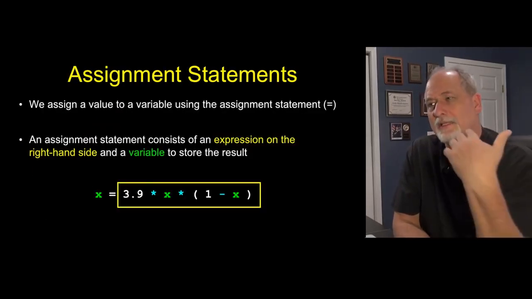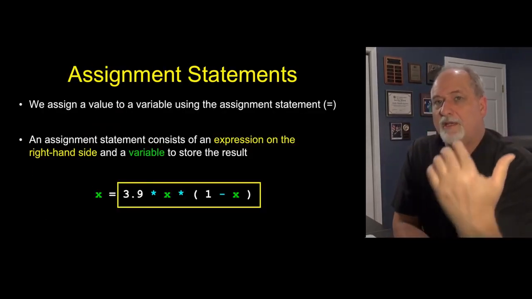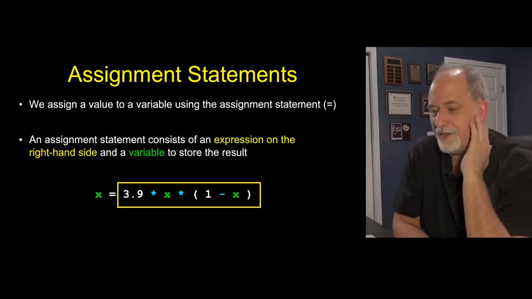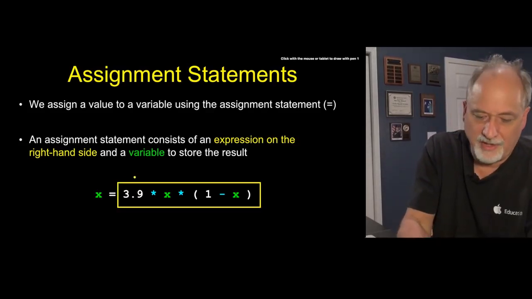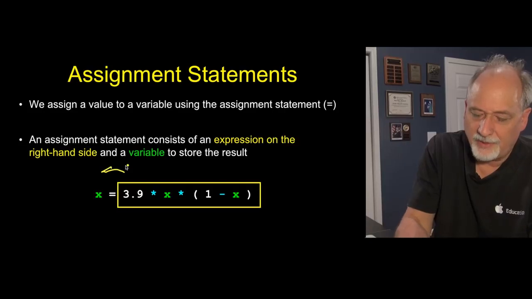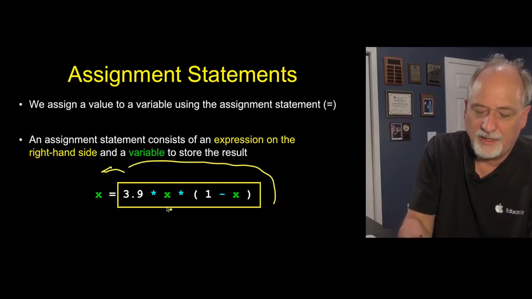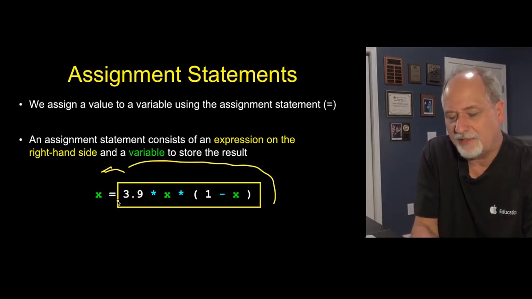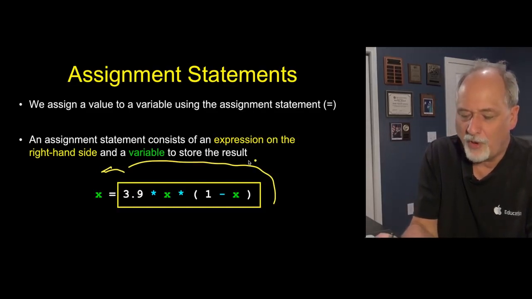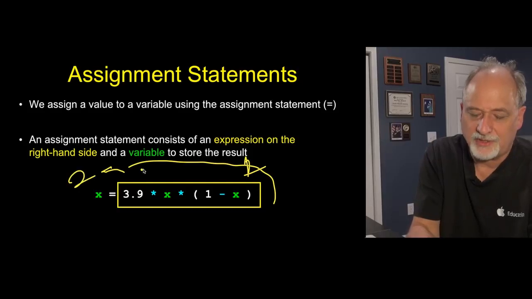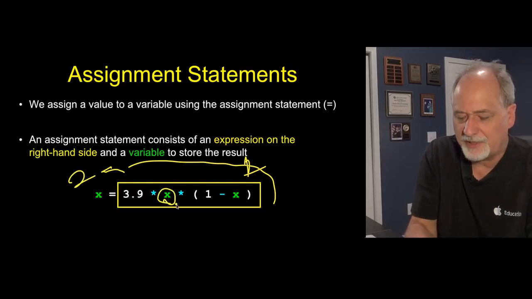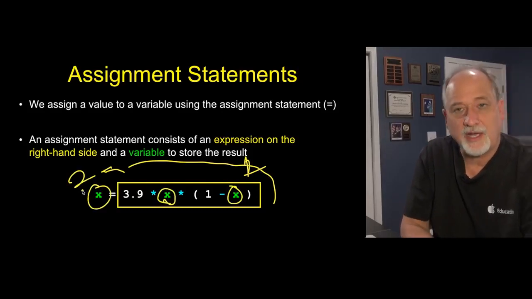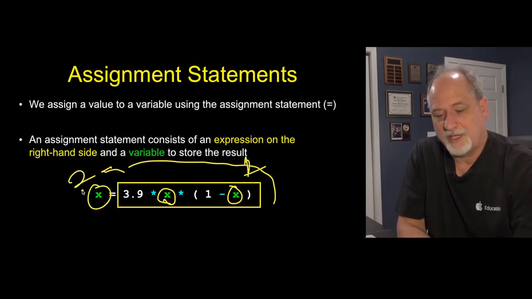Okay, so an assignment statement, you have to really get your head around the notion that it has this arrow nature and that it evaluates this entire right-hand side before we change the left-hand side. You can think of this as at time step 1 it does this, and then at time step 2 it does the copy. And that's how you can have something like x on both sides of an assignment statement.